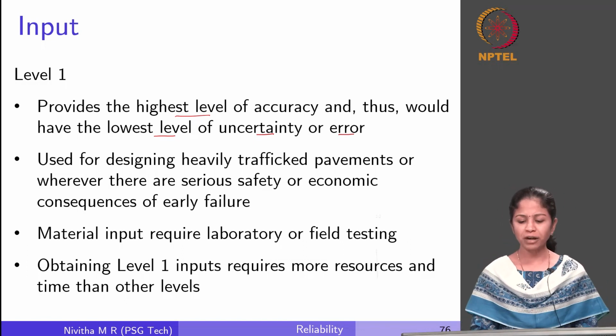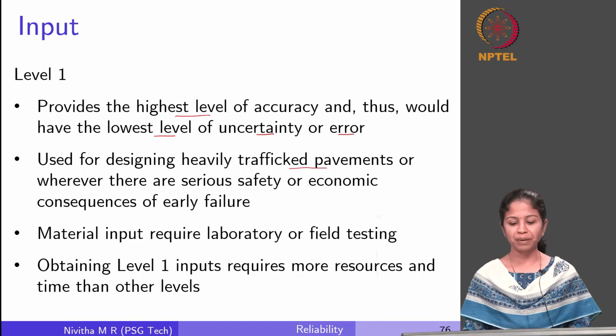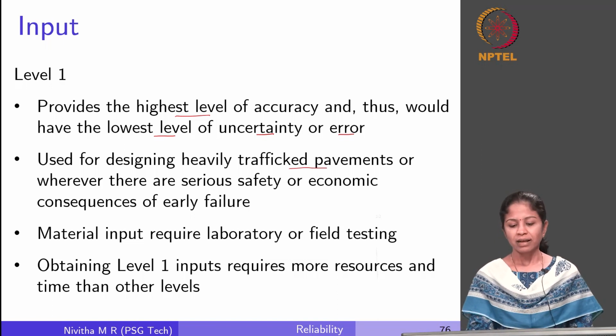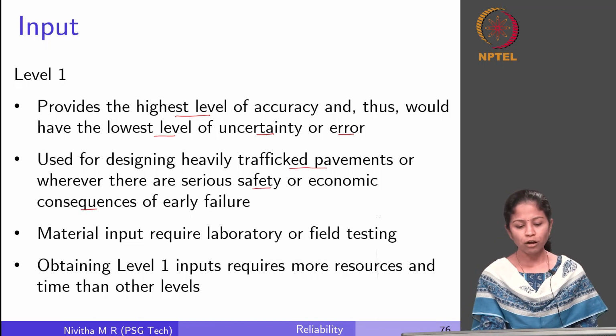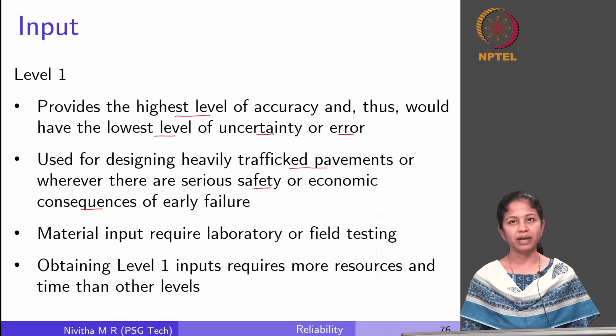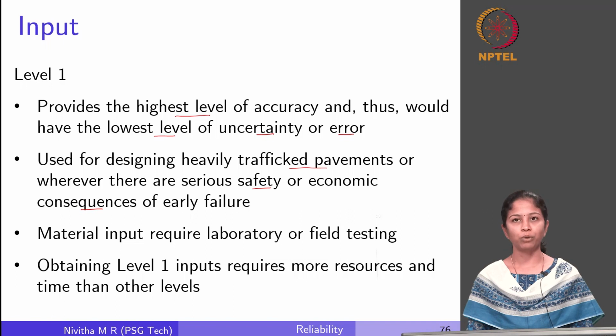So it is used for designing heavily trafficked pavement or whenever there are serious safety or economic consequences of early failure, right. So when the consequences of failure is very high, or for highways wherein we do not want to make any compromise on the level of performance expected, then we should be going for a level 1 input, right.